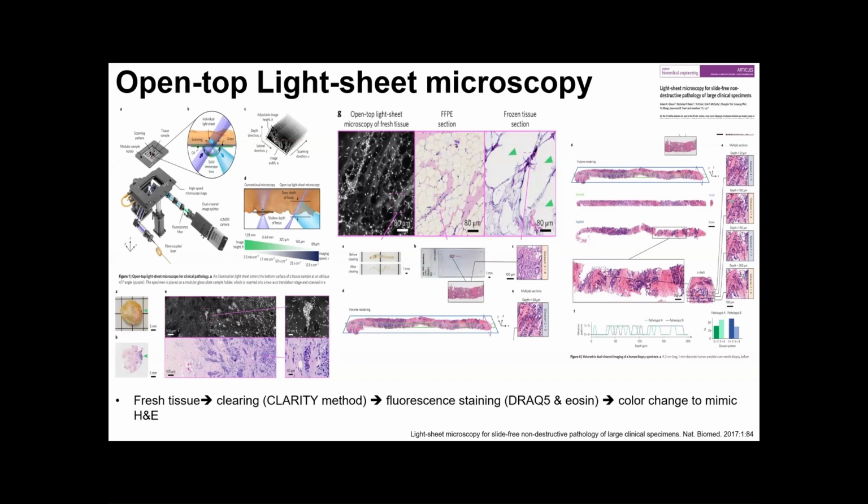This method can use a color conversion based on nuclear staining, and it covered about 1 millimeter from the surface. The right picture shows images of a prostate needle biopsy, and the authors reported a change of Gleason score between the original glass slide and the 3D images.